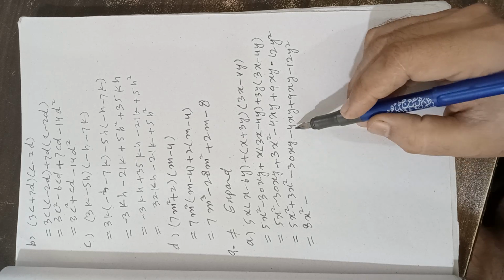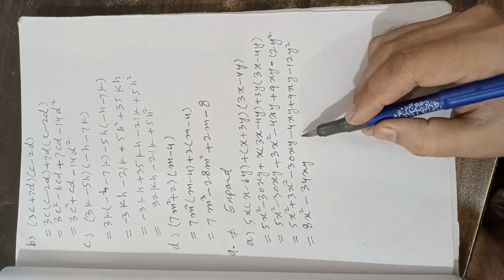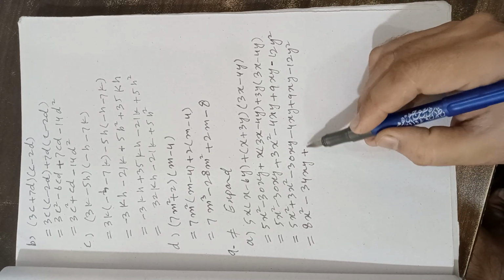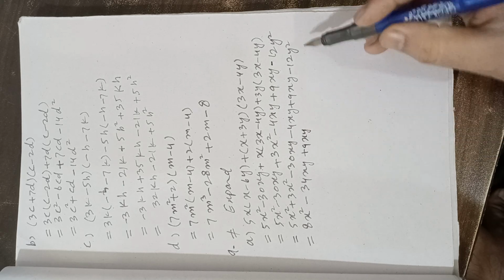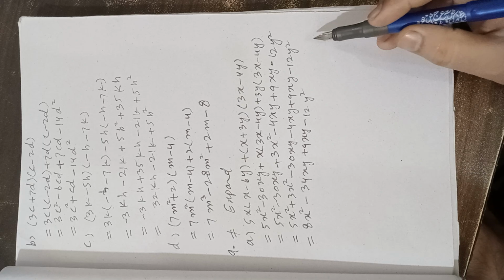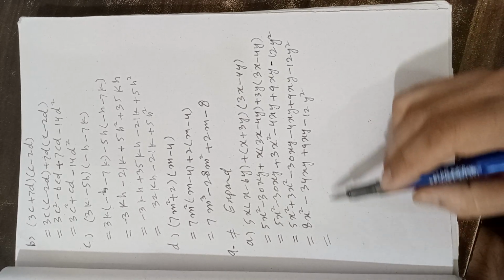When you will add 30 to 4, the answer is 34 and xy will be there. Then this plus 9xy will be written as such. We will add it in the second step. Minus 12y square is also same here. It has no similar term.